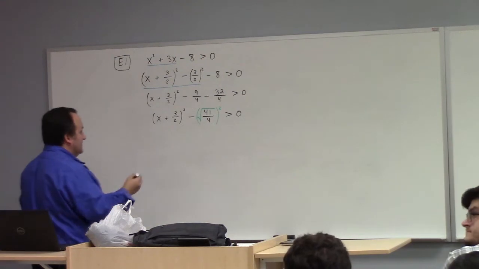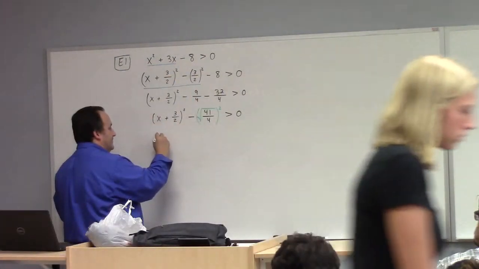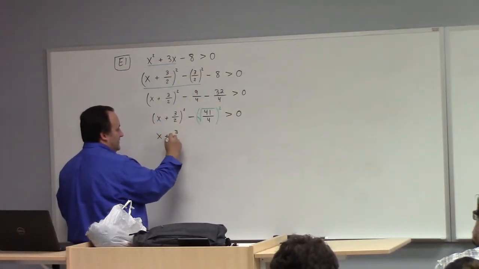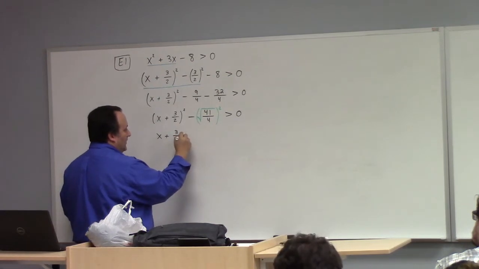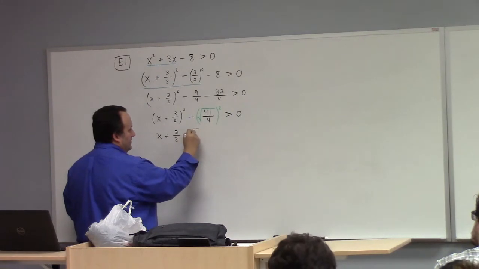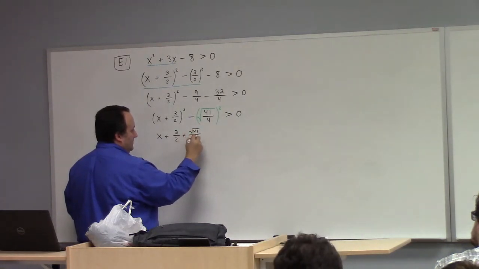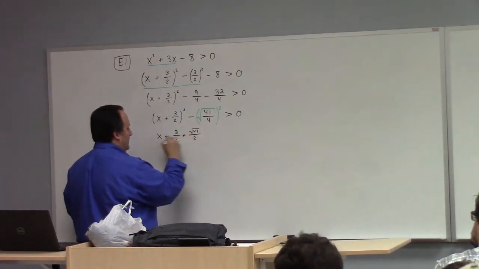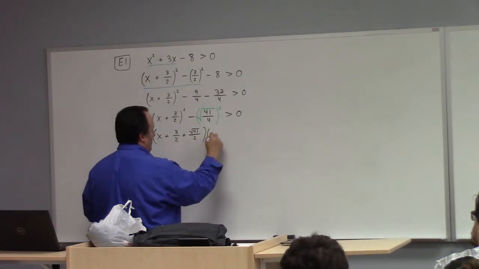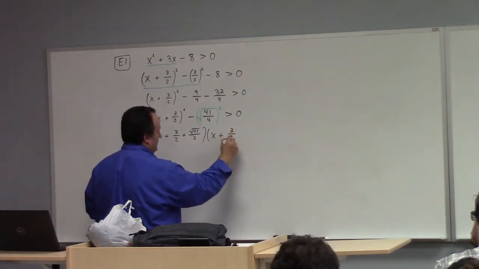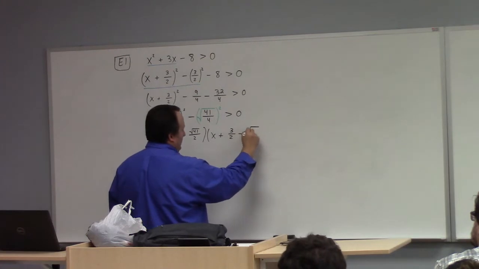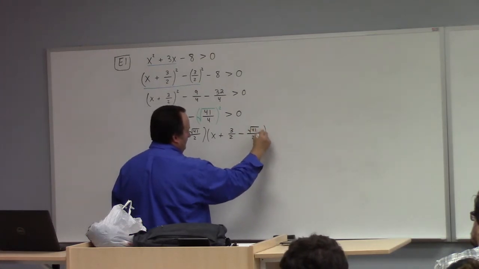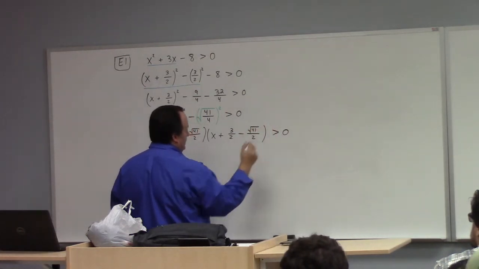So this factors to x plus 3 halves plus the square root of 41 over 2, times x plus 3 halves minus the square root of 41 over 2, greater than 0.